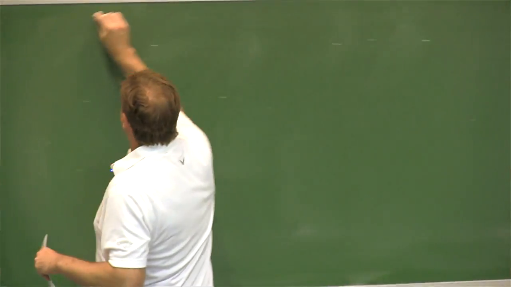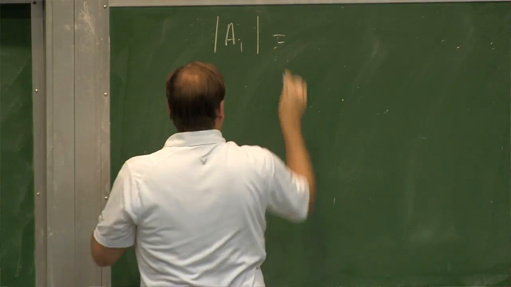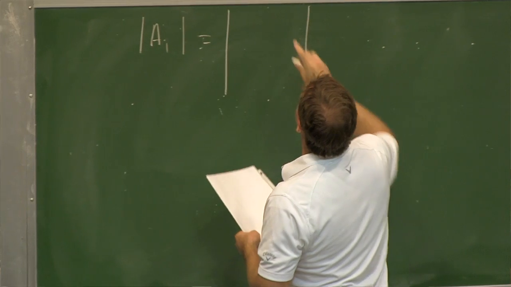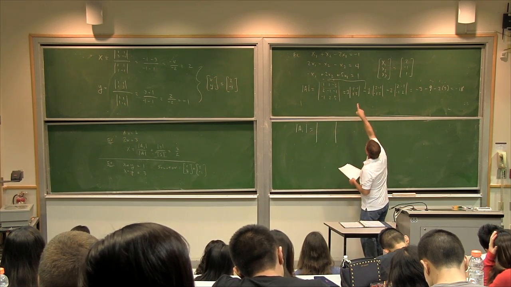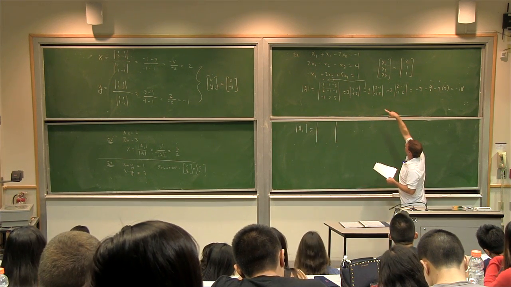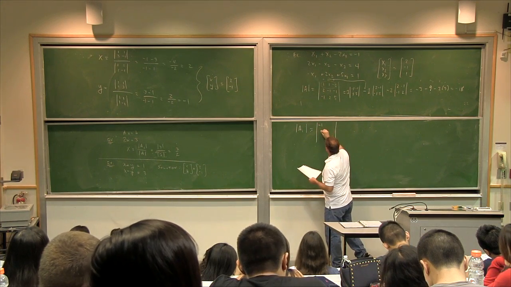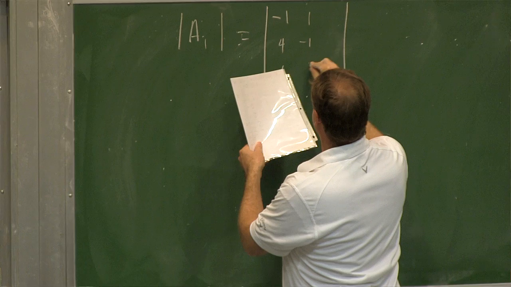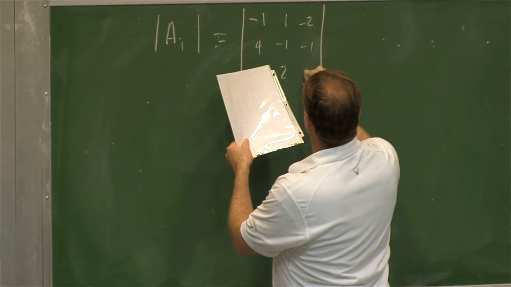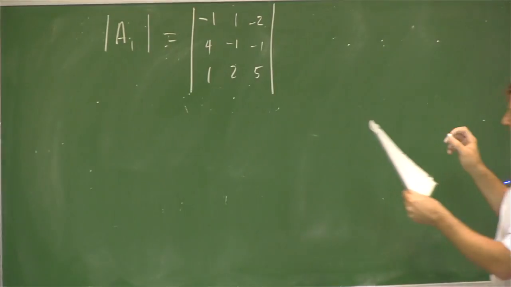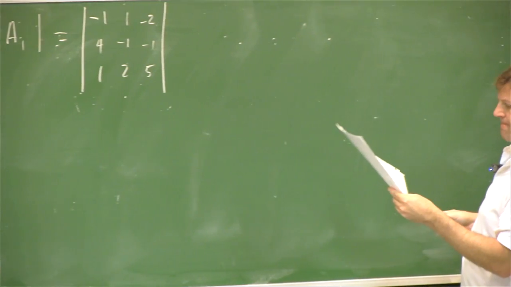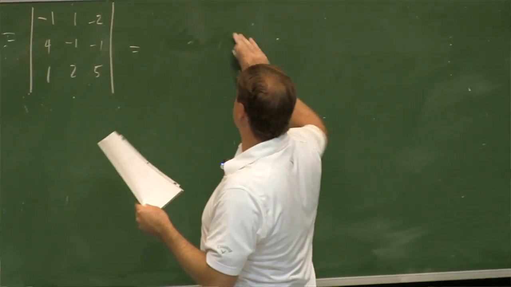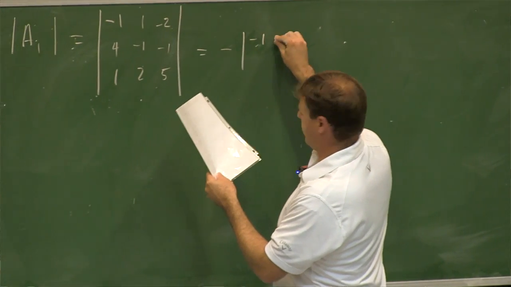All right, A1 will be the determinant. Now I'm taking that original matrix, but I'm putting the right side in, that negative 1, 4, 1, and that's going in the first column. The rest of it's the same: 1, negative 1, 2, negative 2, negative 1, 5. I'm going to write these things out just to save some time.